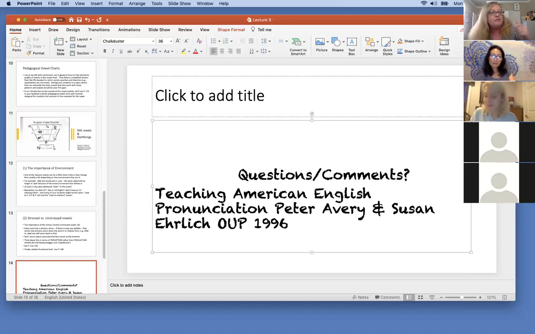You can even use colors. You can have a red color stand for a vowel, and a blue color stand for the other vowel, and you can sort of play around with it.